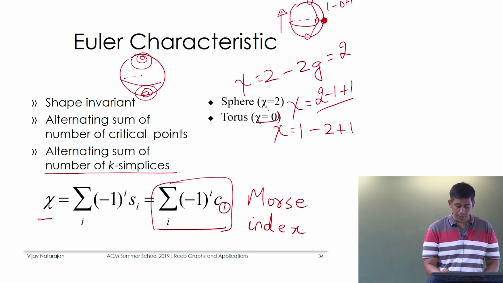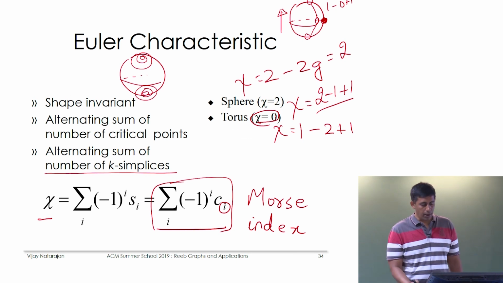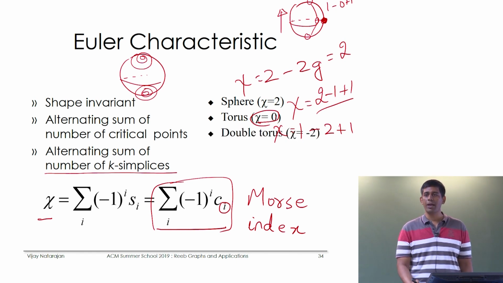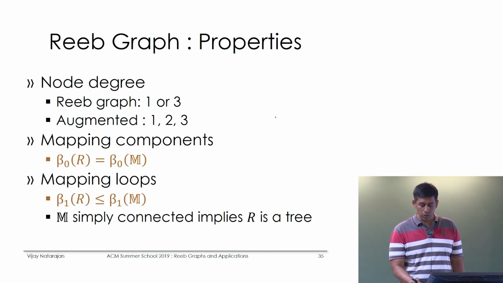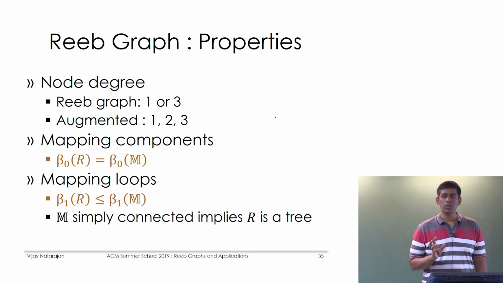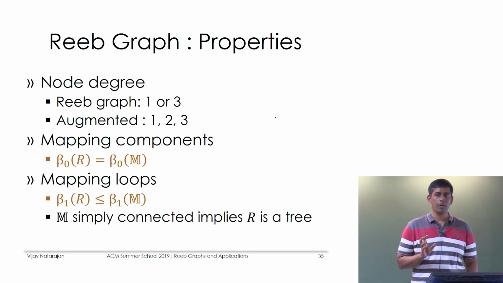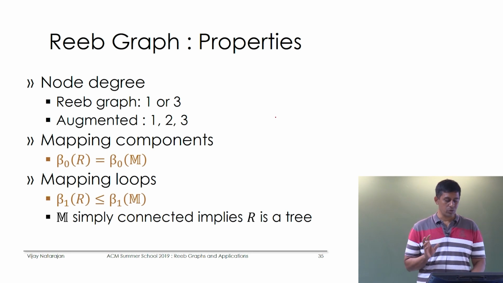So, it matches with what we are seeing here. Okay. So, double torus, this is -2 and so on, right. Okay, fine. So, that was a quick introduction to the Euler characteristic and how it connects to the number of critical points, right.